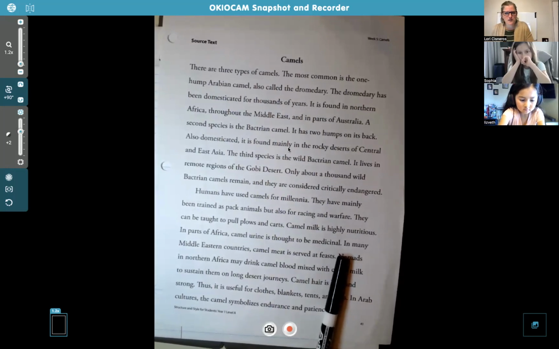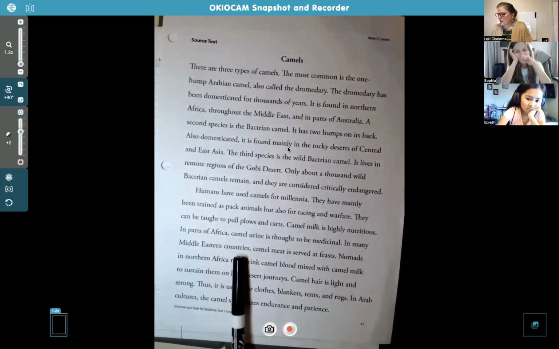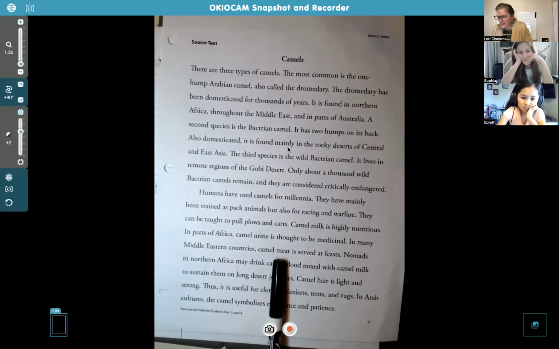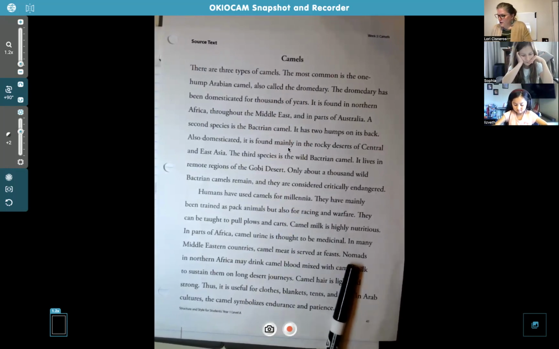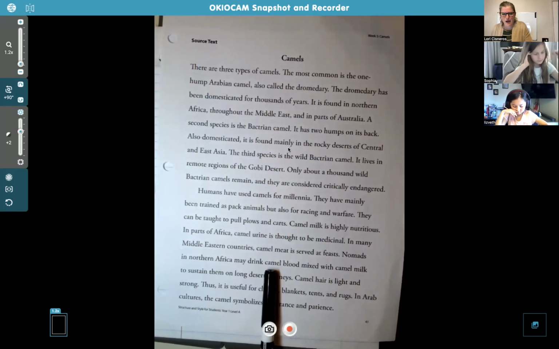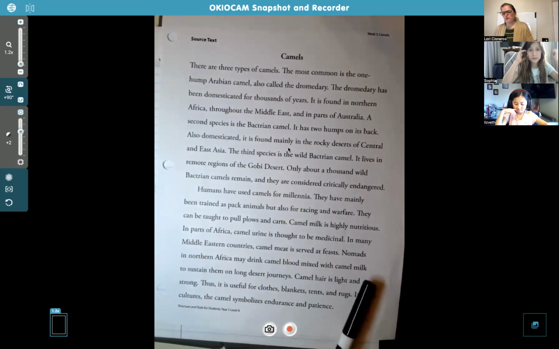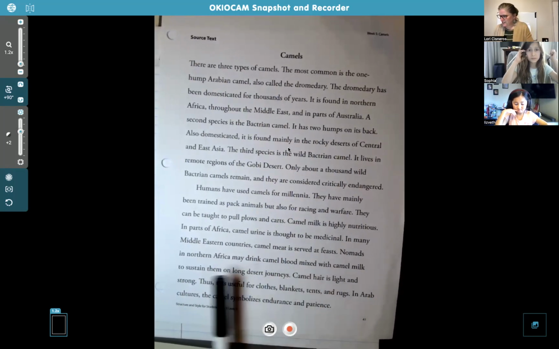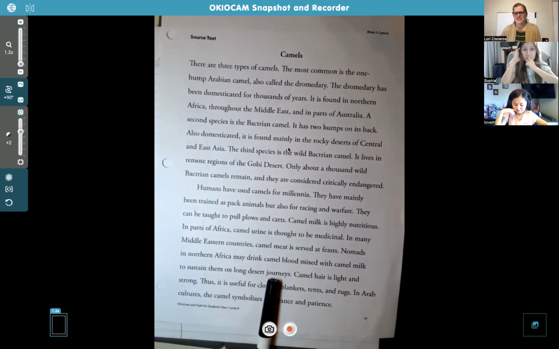Okay, I have to warn you, it gets even more gross. Okay, so here we go. In many Middle Eastern countries, camel meat is served at feasts. Nomads in Northern Africa may drink camel blood mixed with camel milk to sustain them on long desert journeys.